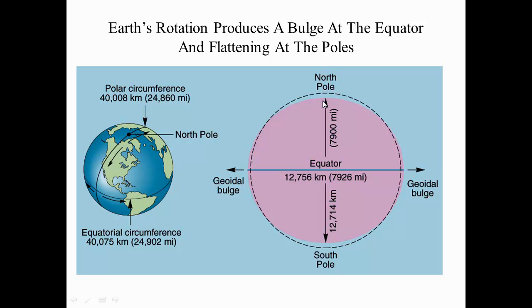On the other hand, if you measured the diameter from North to South Pole, it would only be 7,900 miles. There's a difference of about 26 miles from measuring from the equator versus pole to pole. And that's due to the Earth slightly bulging out at the equator due to its rotation.